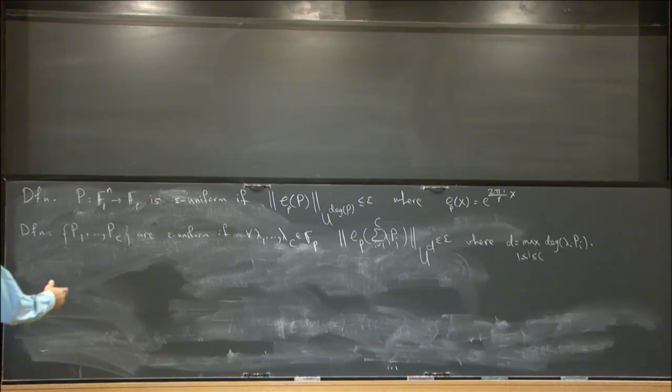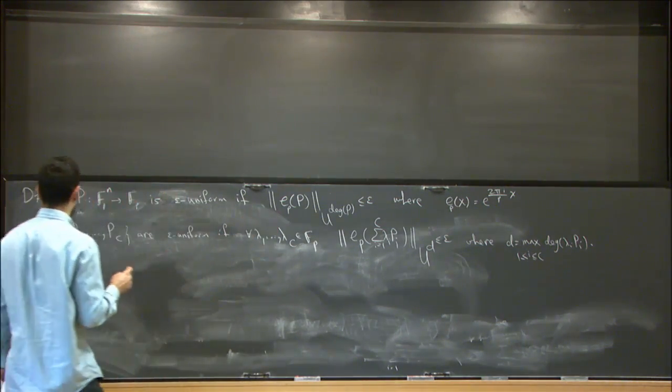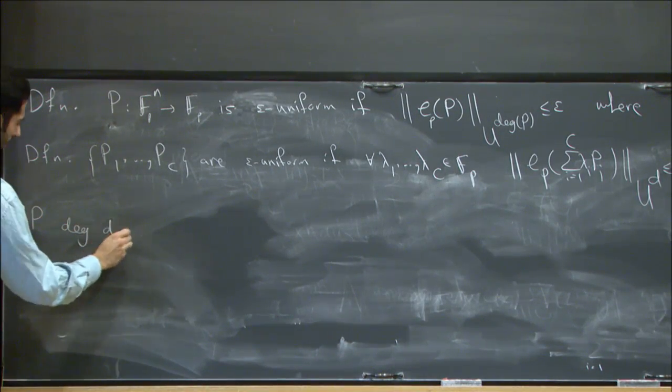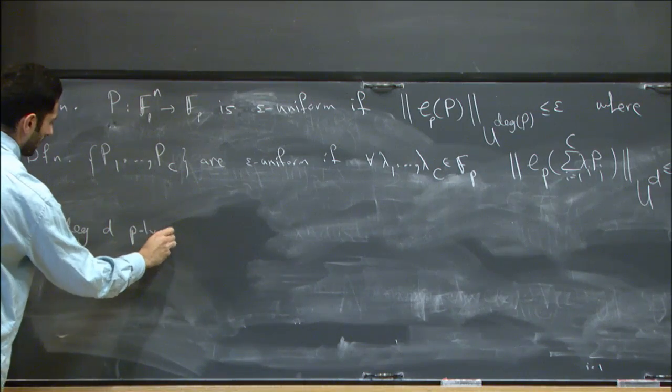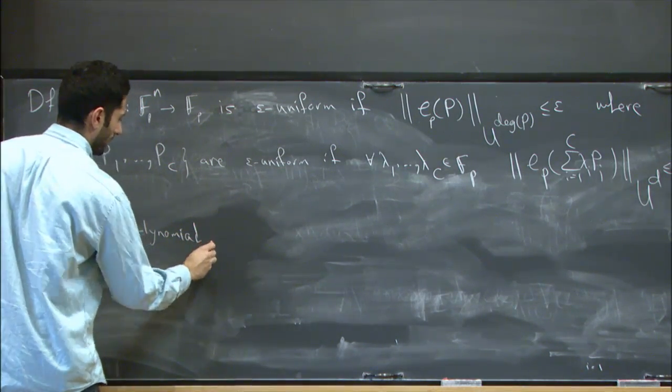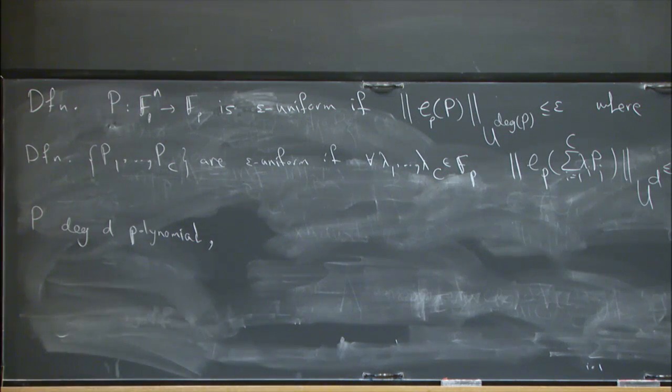So let's think about the Gowers norm. If P is a degree d polynomial, then we know that the (d+1)-th derivative of P will be 0.